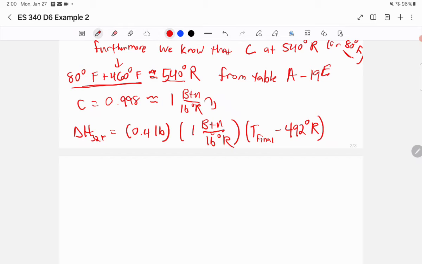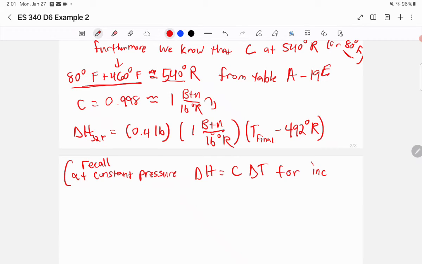When it's at a constant pressure, recall that delta H is just going to be equal to C times delta T for incompressible substances, right?